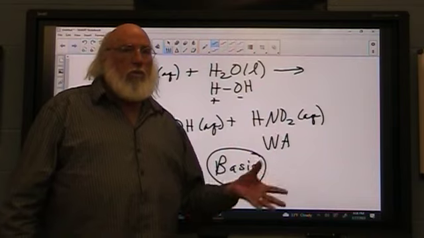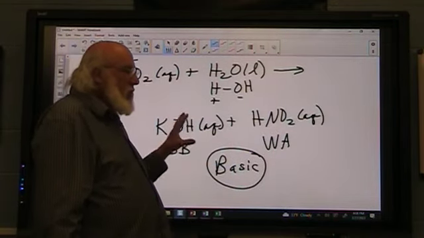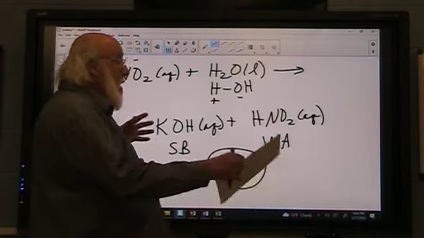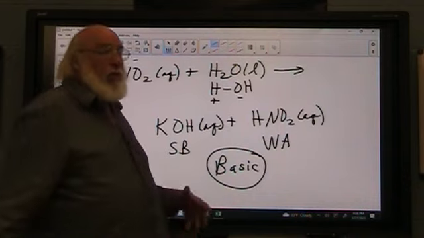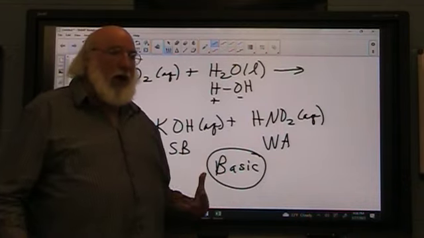So we'll worry about that in Chem 2. For right now, understand the relationship between strength and strong acids or strong bases. And again, if they're both strong, they're going to be neutral. If they're both weak, we can't do it right now.